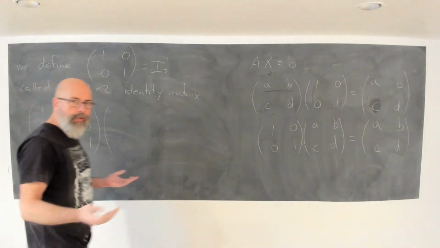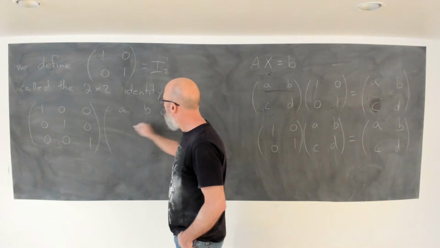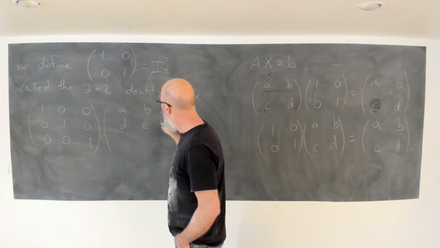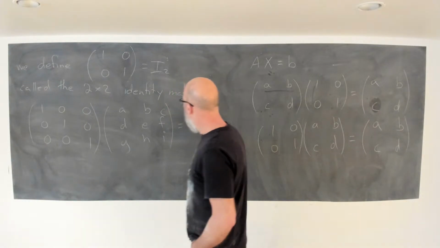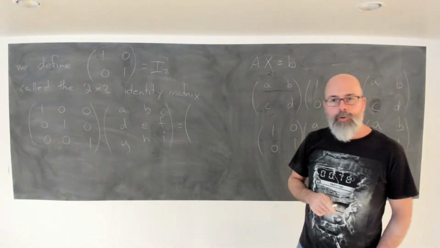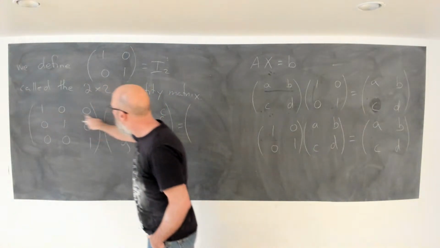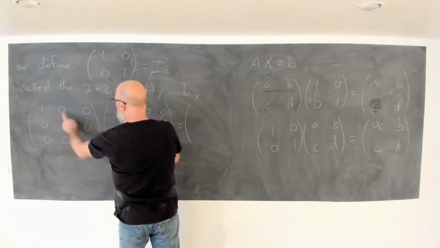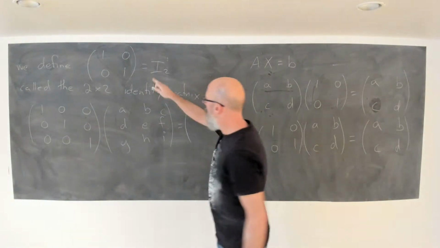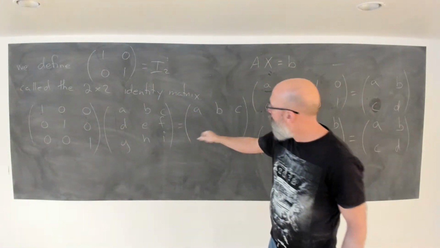If you take any 3 by 3 matrix, A, B, C, D, E, F, G, H, I, observe what happens when you do the multiplication. Right, first row times first column. A plus 0 plus 0. B plus 0 plus 0. C plus 0 plus 0, and so on, right?